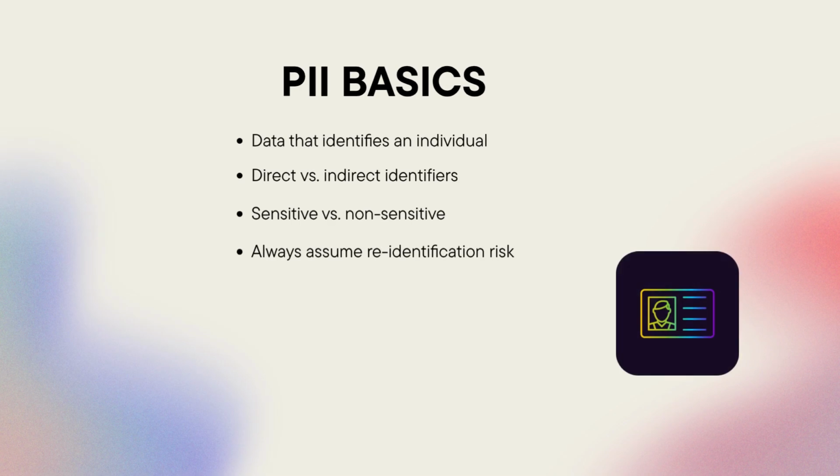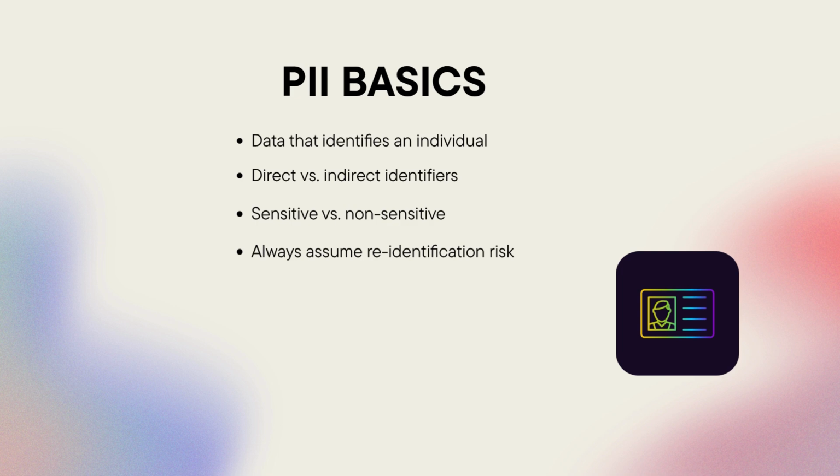So PII basics. Personally identifiable information, or PII, is any data that identifies an individual. This includes clear direct identifiers, like a full name, but also less obvious indirect identifiers, like a zip code, job title, or date of birth.